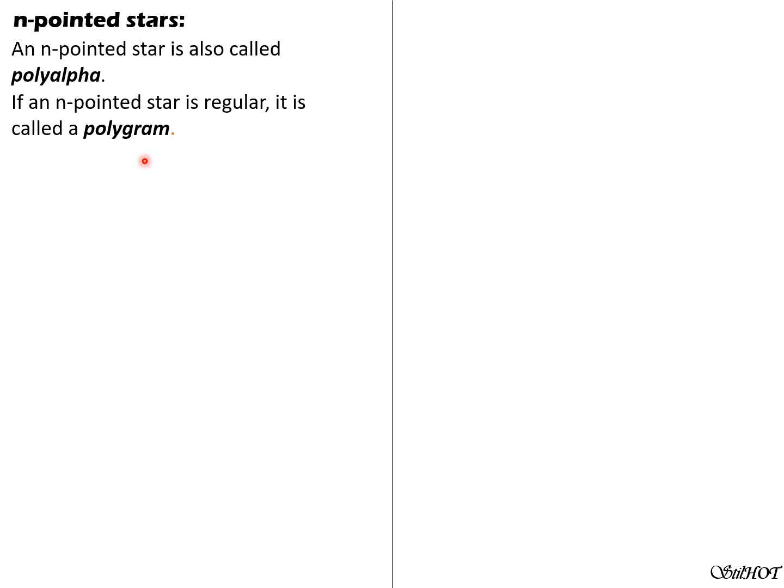So the lowest is 5, we have a 5-pointed star, like the star in Caltex, Philippines. So that's an n-pointed star. We'll call the interior angles theta: theta 1, theta 2, theta 3, theta 4, theta 5.